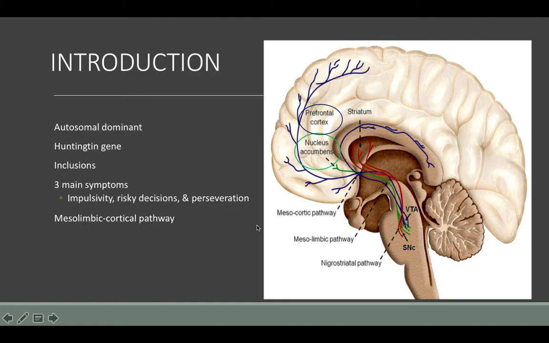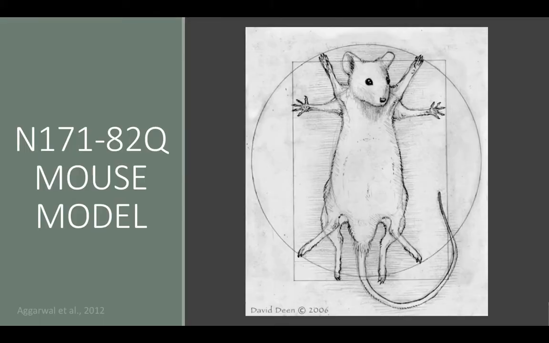Both of these regions of the brain receive dopamine from the brainstem here, from the ventral tegmental area. And the nucleus accumbens and the anterior cingulate cortex mediate impulsivity, risky decision making, and perseveration, or perseverative behaviors.